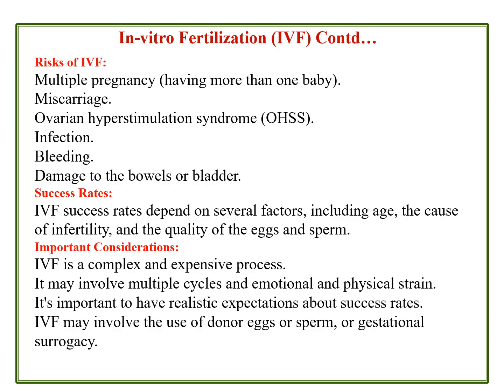Another is ovarian hyperstimulation syndrome, which occurs in about 1 in 10 cases. Infection. Every time this is a surgical operation to implant the embryonated egg into the uterus, so bleeding will be there, and damage to the bowels or bladder. So this is a risk factor in case of IVF.